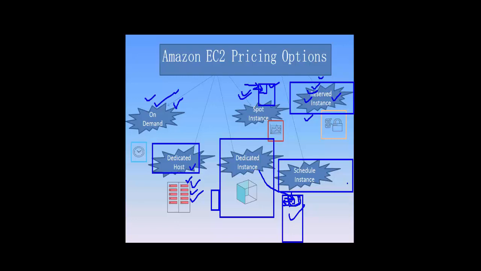Third option, for a particular project time, or when you are free, weekend time, to do some task. For that purpose, you can give a schedule that I require a server for this particular timing. Not always, but it should be ready when I need it. So that is the scheduled instance.